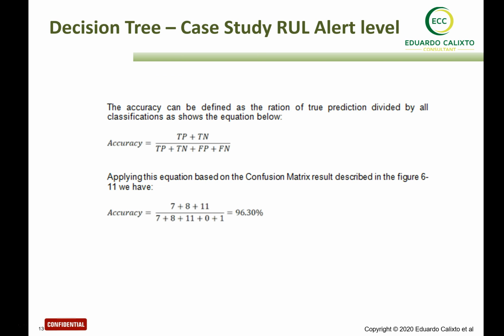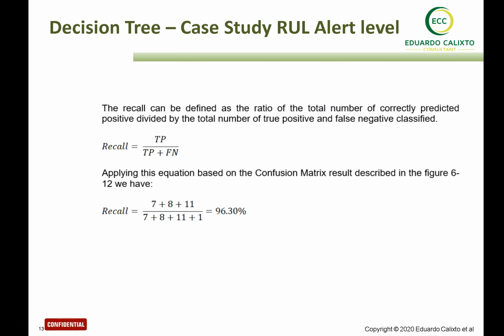So when you look at accuracy, accuracy is defined by this equation here: true positive plus true negative divided by true positive plus true negative plus false positive plus false negative. Then we got 96.30%. Another index that I can use is called recall.